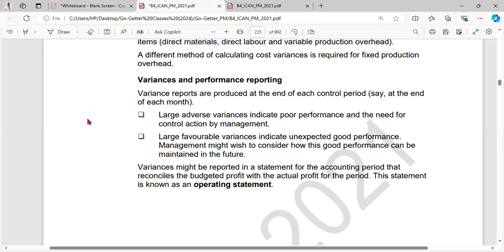You now want to do your variance report. Large adverse variances indicate poor performance, we said that before, and need control action by management. Large favorable variances indicate unexpected good performances, and management may wish to consider how these good performances will be maintained.